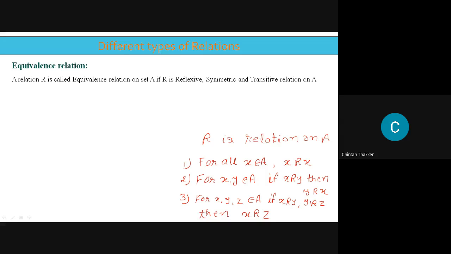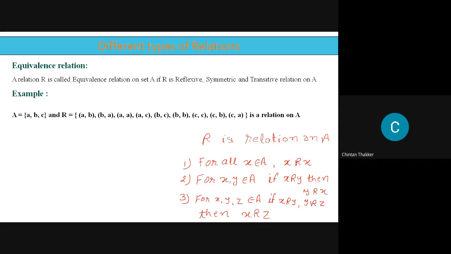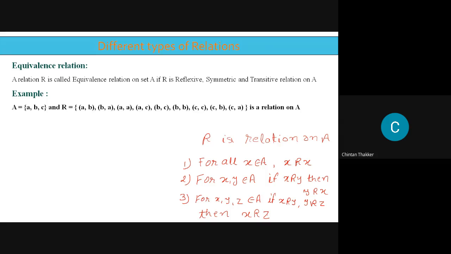Here we take one example. If A is {A, B, C}, and R is given as (A, B), (B, A), (A, A), (A, C). Now we check the first condition: for all x belongs to A, is x related to x or not?